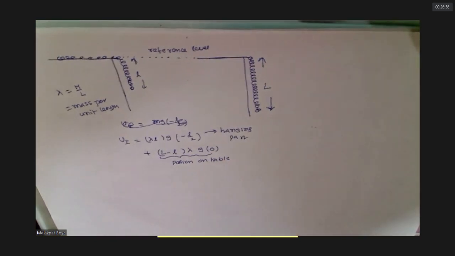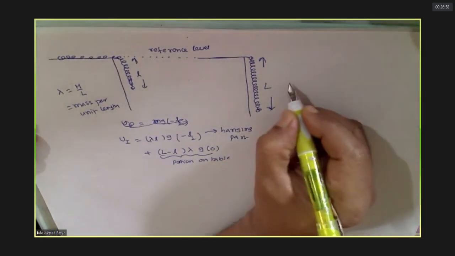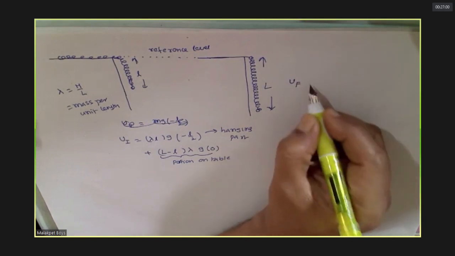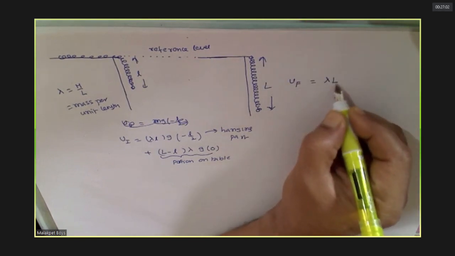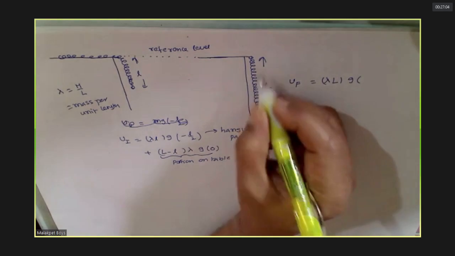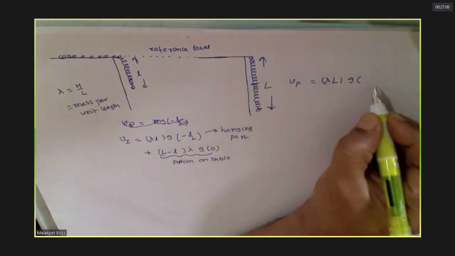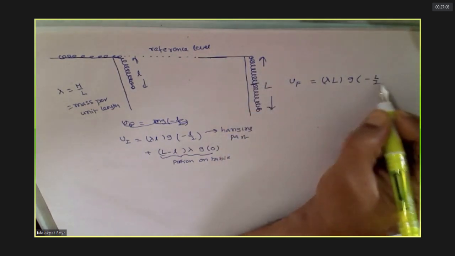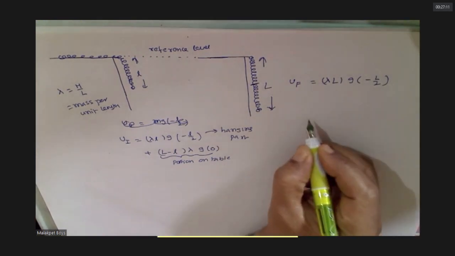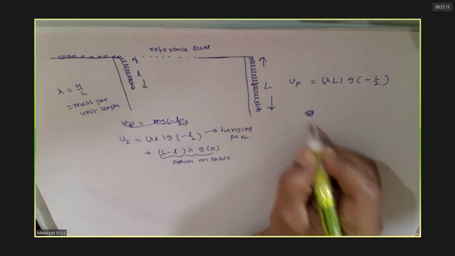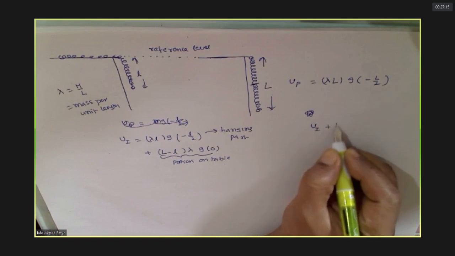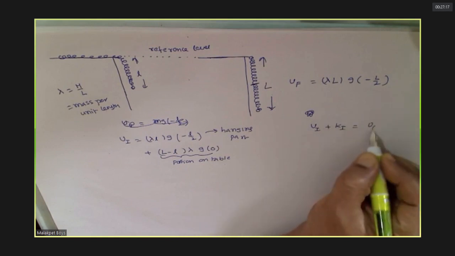You can fix the reference level anywhere. This is U final. We should take lambda L g, and I told you, you should take the center of mass, which is at minus L by 2. Now you can see initial equals final.